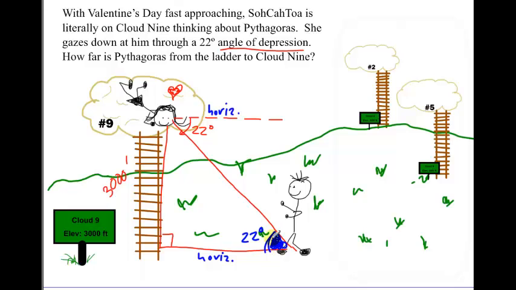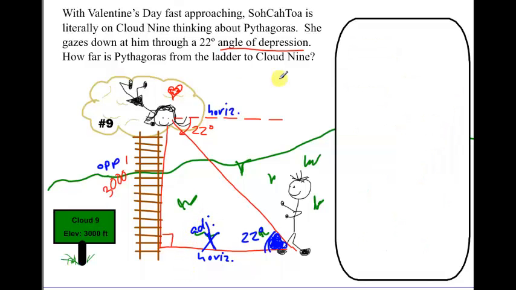So we're right here at Pythagoras' feet. Our given side is over here at 3,000. This is our opposite. And the question, how far is Pythagoras from the ladder to cloud 9? That would be right here, our x. And notice that's our adjacent side. Let's set this up with a tangent ratio.